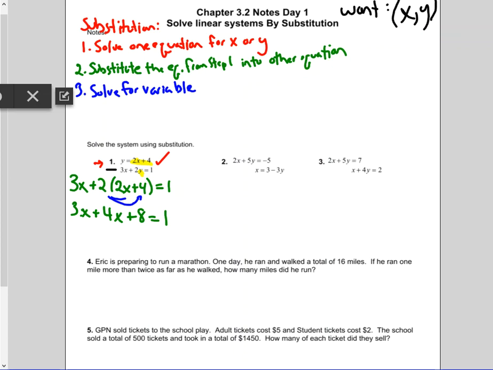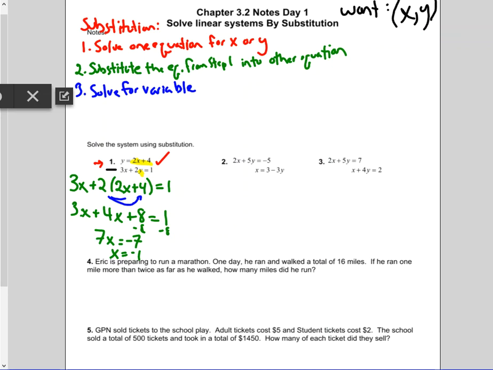Now we can just combine some like terms. 7x is equal to, I'm going to subtract 8 from both sides, negative 7, which makes x equal to negative 1 when we divide both sides by 7.